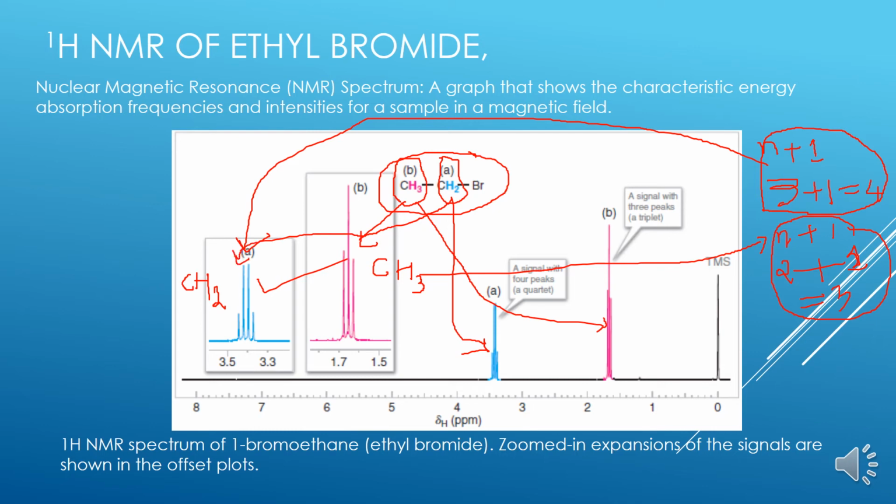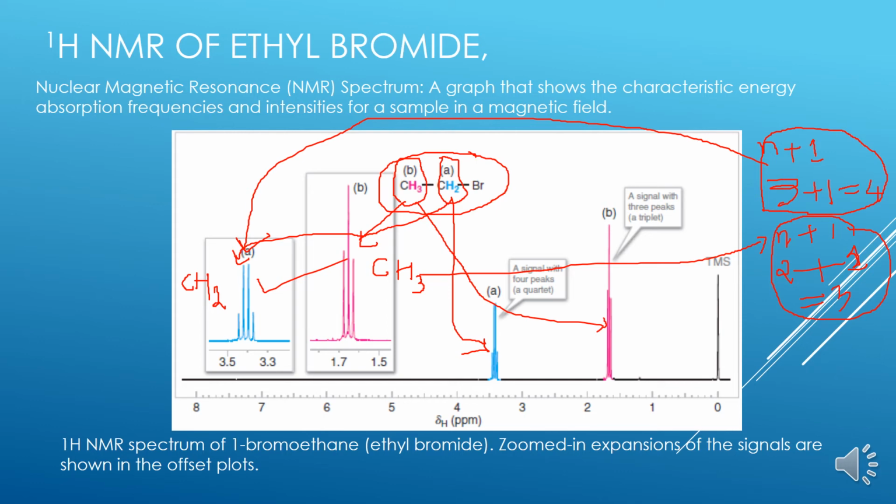The methyl protons are mentioned in pink color. The CH2 protons are labeled with navy blue. There are two types of protons, methylene protons and methyl protons. Methylene protons are split into a quartet, methyl protons are split into a triplet.